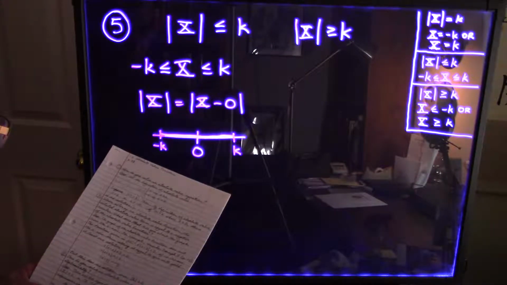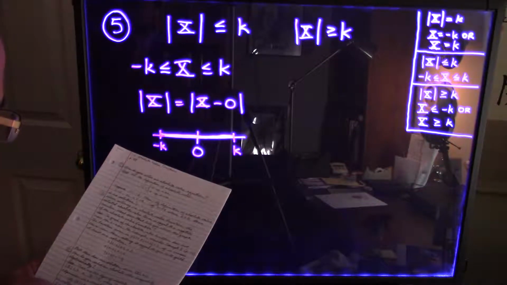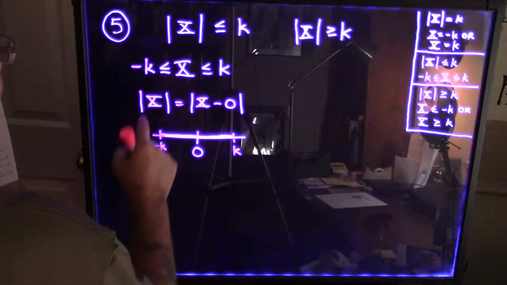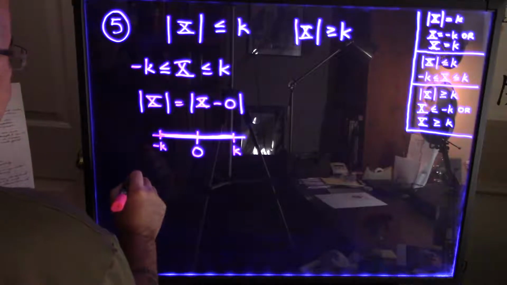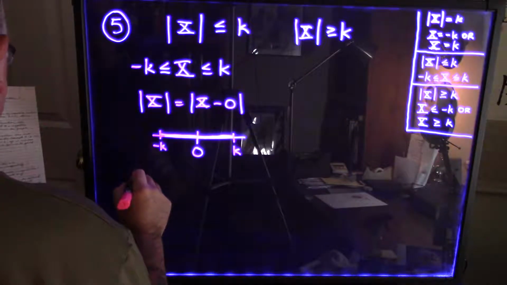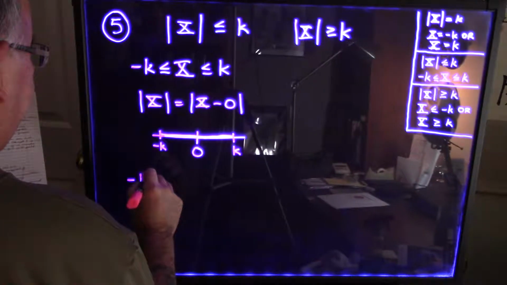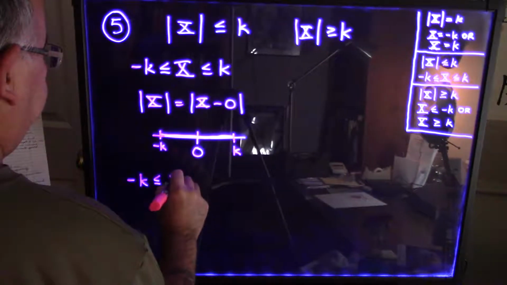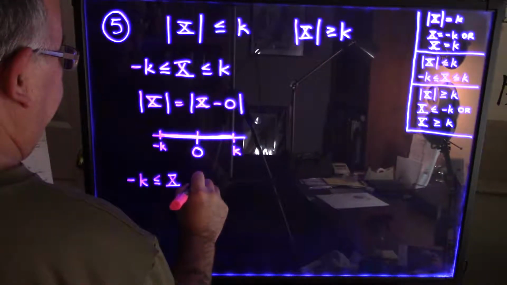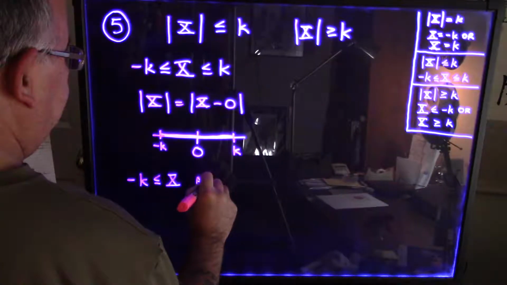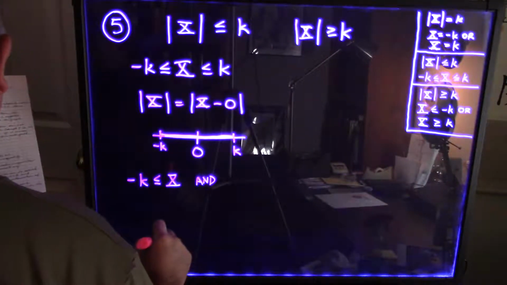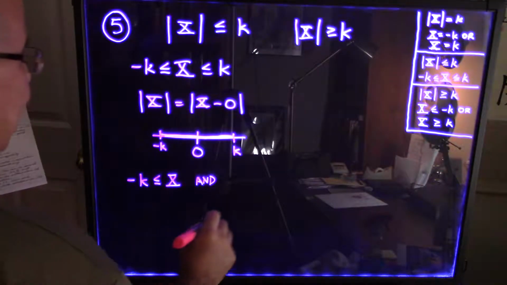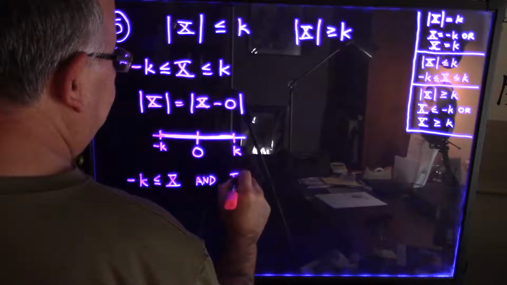And you can also separate those like this. You can solve it just the way it's written, or you could separate them like this. Negative k is less than or equal to x, and x is less than or equal to k. Don't use or there, and has a specific meaning.